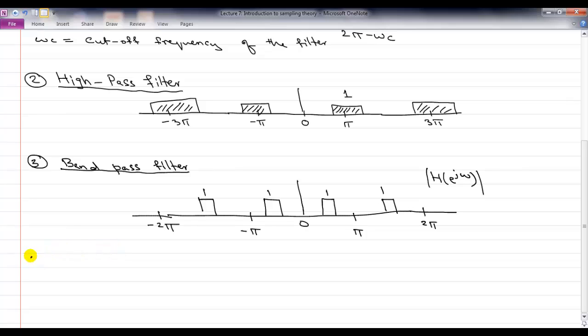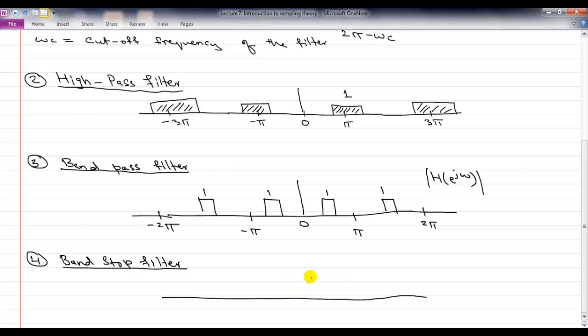And the last example is that of the band-stop filter, which is just the reverse of the band-pass filter. So the band-stop filter lets all the frequencies pass except a certain region. So the band-stop filter will look like this.